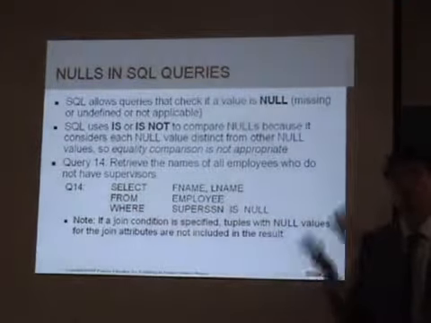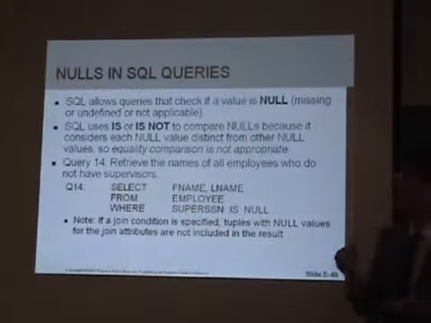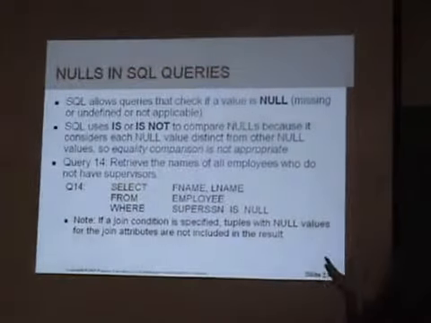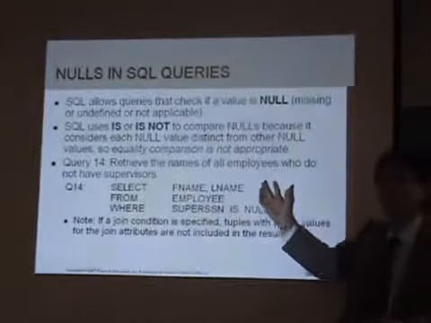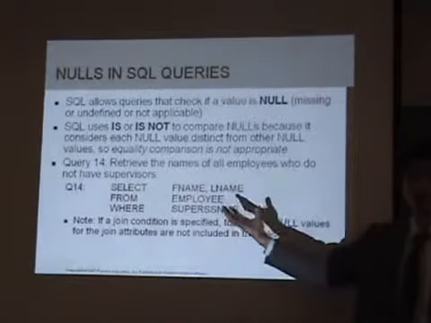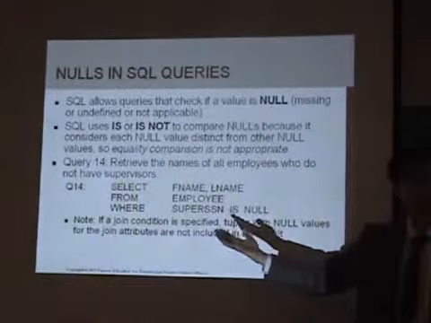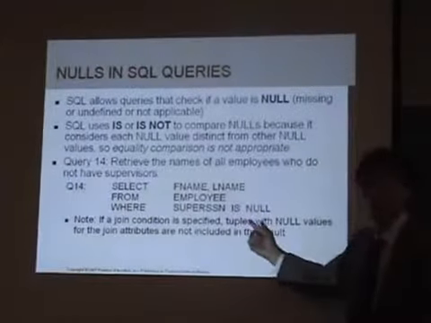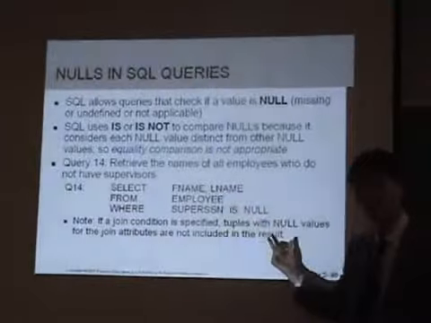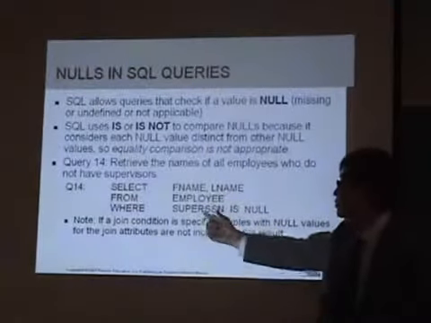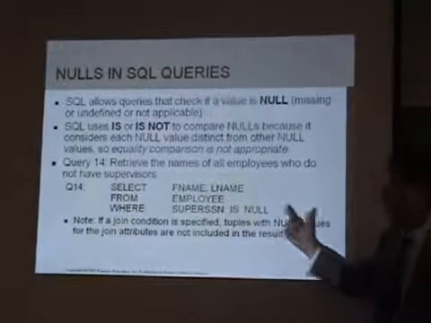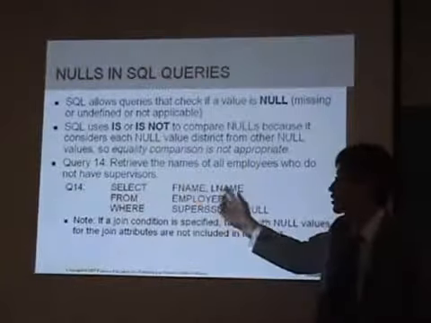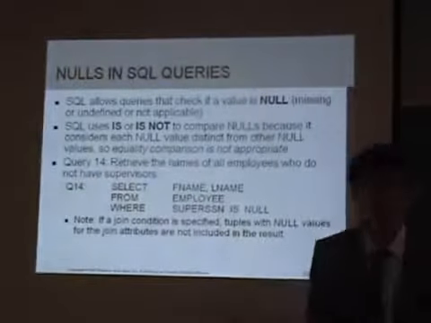In other words, we can find the employee whose super SSN is null. We cannot compare null data, right? At that time, we can use IS NULL or IS NOT NULL. So, is super SSN null? Yes, then we return. This employee does not have a supervisor.